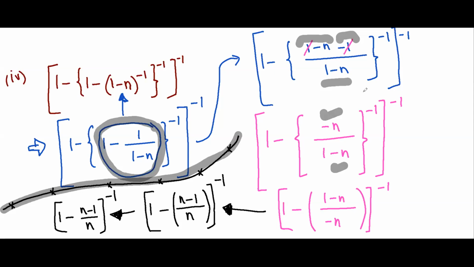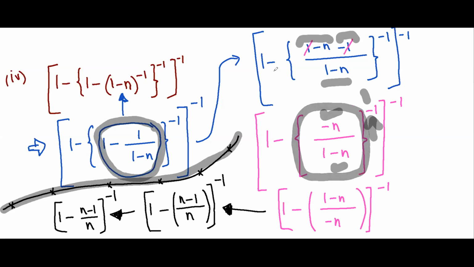There is a minus 1 waiting outside. This is the curly bracket that we have got: 1 minus this curly bracket. And this curly bracket also has a minus 1 outside. And then there's this big solid bracket with a minus 1 outside. Now, because there is a minus 1 outside, I take a reciprocal of whatever is inside.